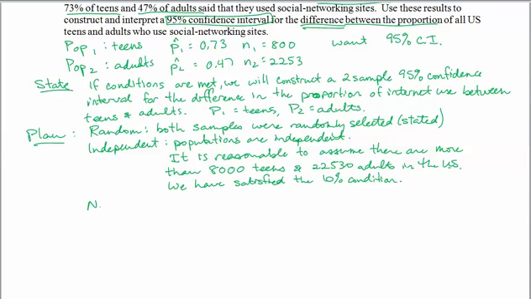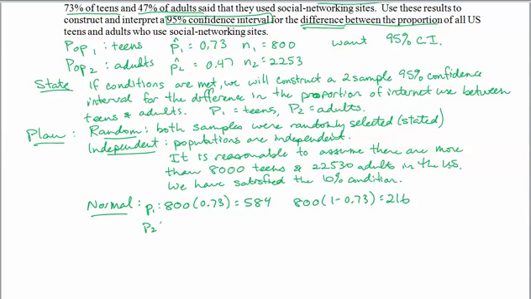And our last condition is normal. Here we need to check that n times p and n times 1 minus p are greater than 10. So 800 times 0.73 equals 584. This is for P1. And 800 times 1 minus 0.73 is 216.